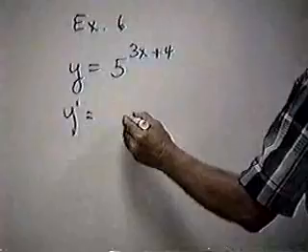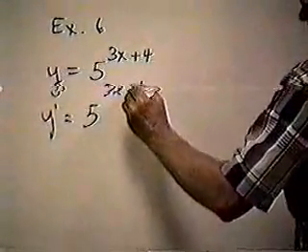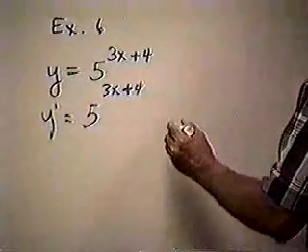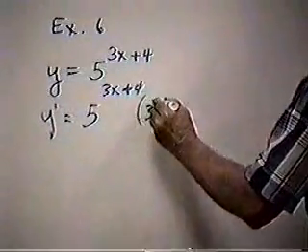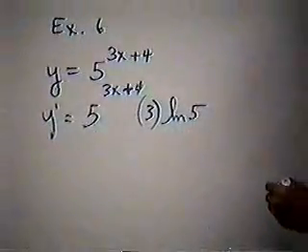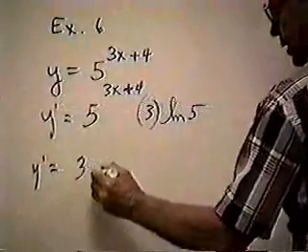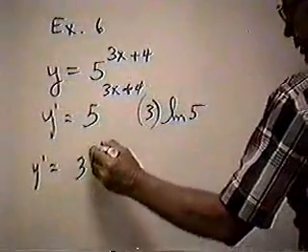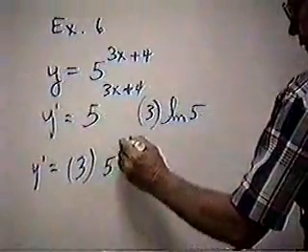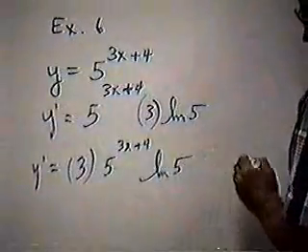Y prime equals, just write this down, times the derivative of the power, which is 3, tag on the log of 5. So final answer is 3 times 5 to the 3x plus 4 times the log of 5.